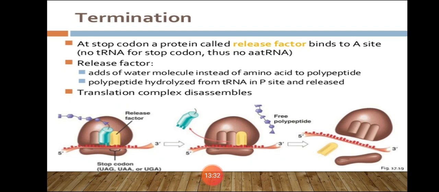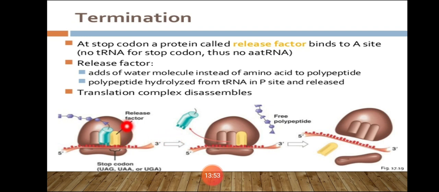And what is going to happen? The two subunits, finally, what is going to happen? The polypeptide chain will be released. The polypeptide chain is now released in the cytoplasm because it has reached the stop codon. The mRNA is moving and the stop codon is coming.